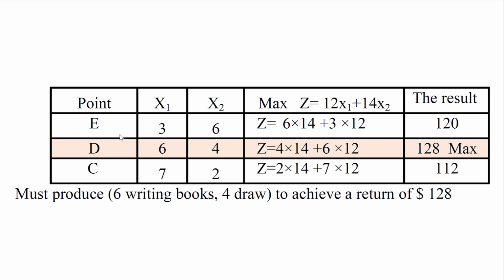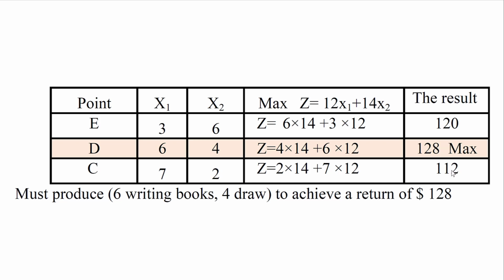Point D, when x1 equals 6 and x2 equals 4: z equals 4 multiplied by 14 plus 6 multiplied by 12, equal to 128. Point C, when x1 equals 7 and x2 equals 2: z equals 2 multiplied by 14 plus 7 multiplied by 12, which is 112.